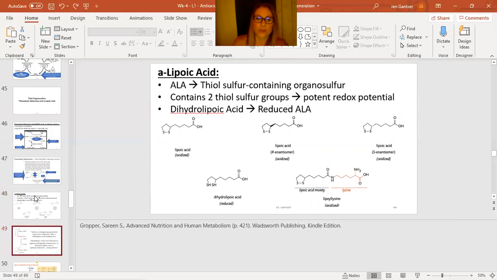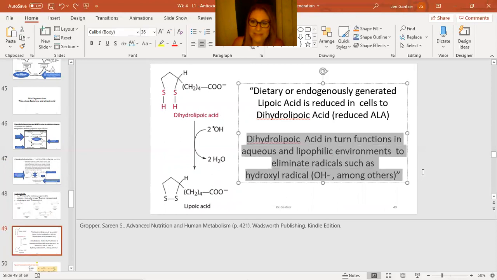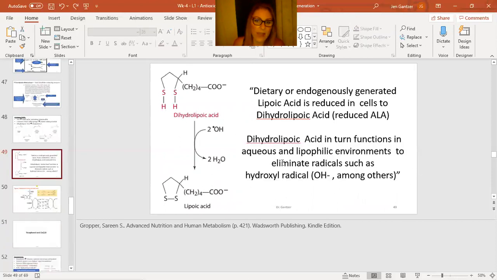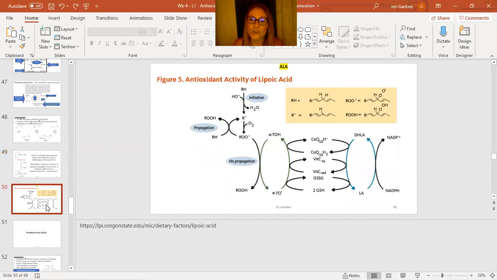So that's how it's going to be able to interact in the disulfide, 2 sulfur groups with 2 hydrogens. So this is an example where alpha lipoic acid is fighting the hydroxyl radical. So be sure you recognize, again, OH minus is your hydroxyl radical. And here's a pretty picture.